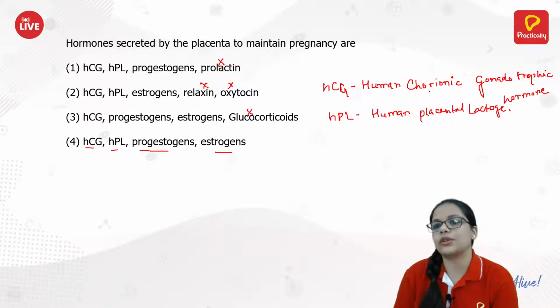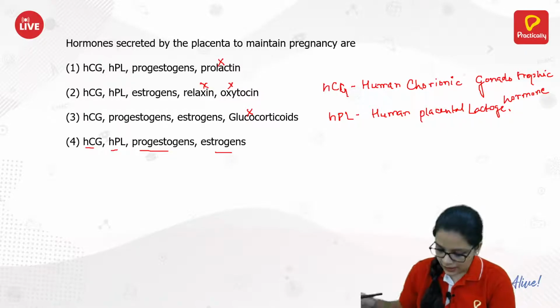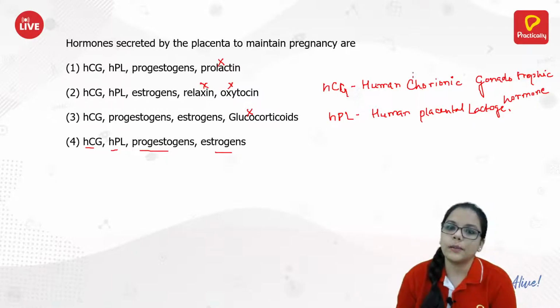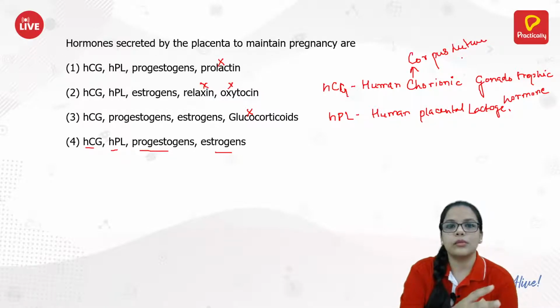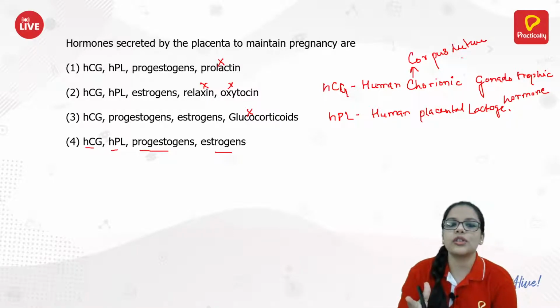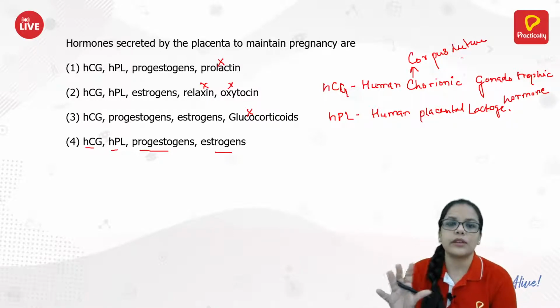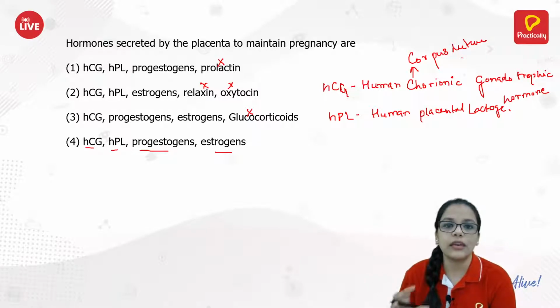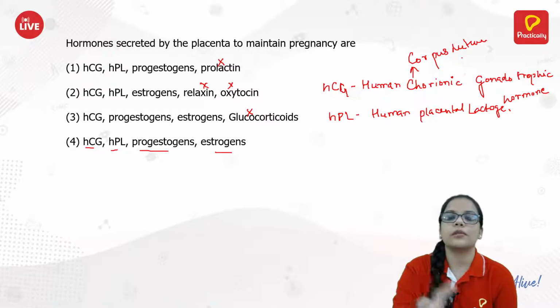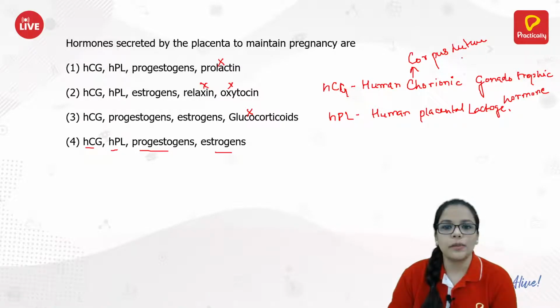Human chorionic gonadotropin hormone stimulates the corpus luteum to produce progestogens and estrogens. Progestogen and estrogens basically maintain the pregnancy. That is their basic function. They only maintain the pregnancy, and that is formed due to the stimulation of HCG.